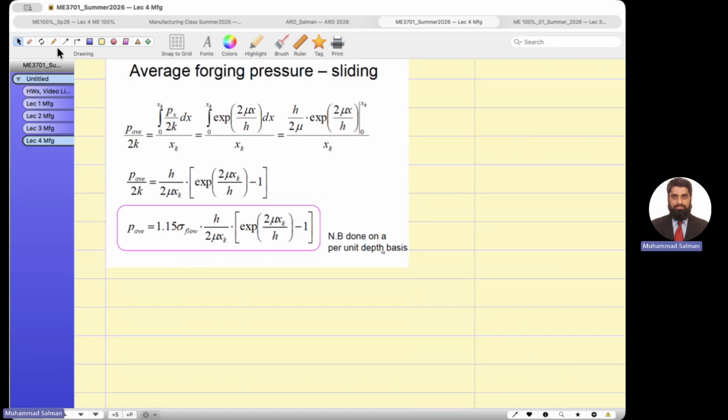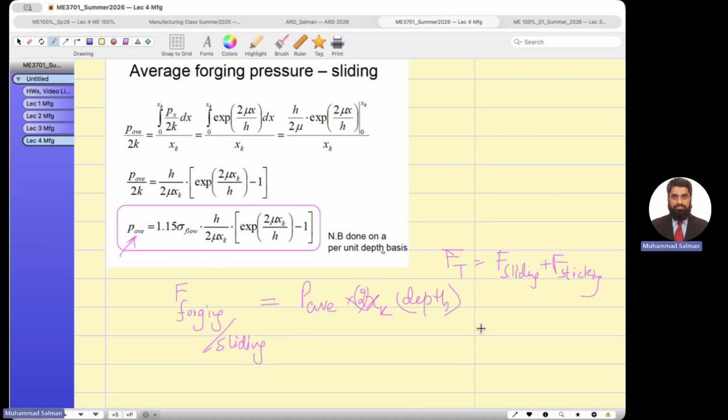So what is the average force? If I ask you what is the average forging force, there are two types of forces. Total force would be equal to F sliding region plus F sticking region. Now, the forging force for the sliding case is P average times xk times the depth, and you will multiply by 2.